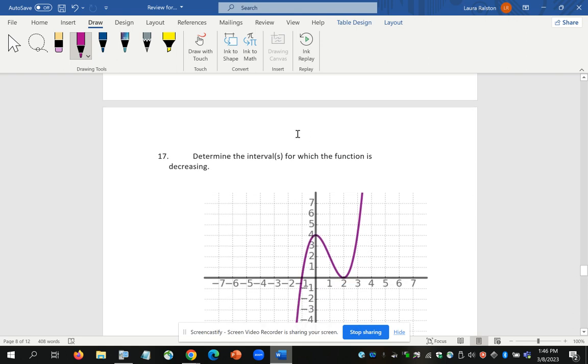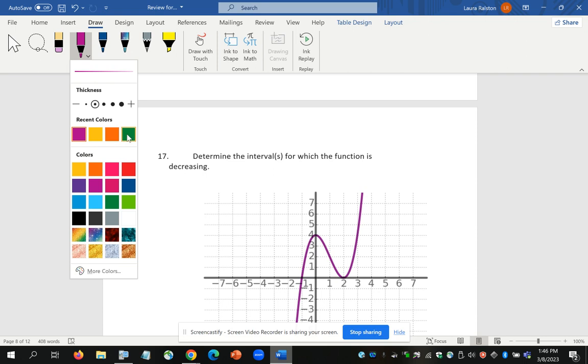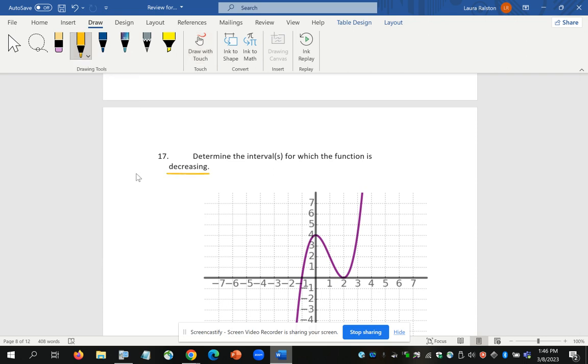Okay, then question 17 asks you to determine where this function is decreasing. Decreasing means where does it appear to go down as you move left to right.